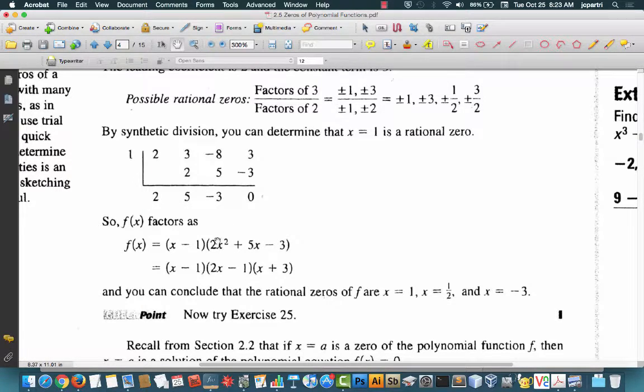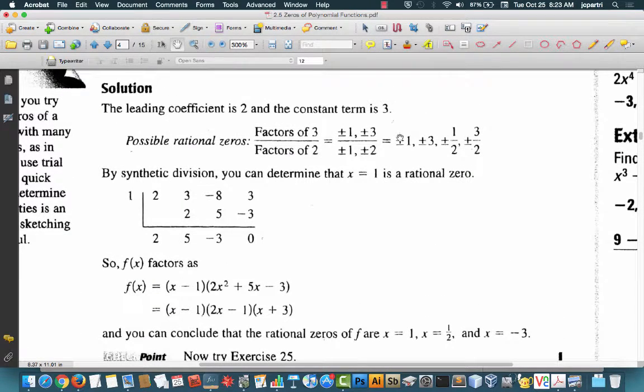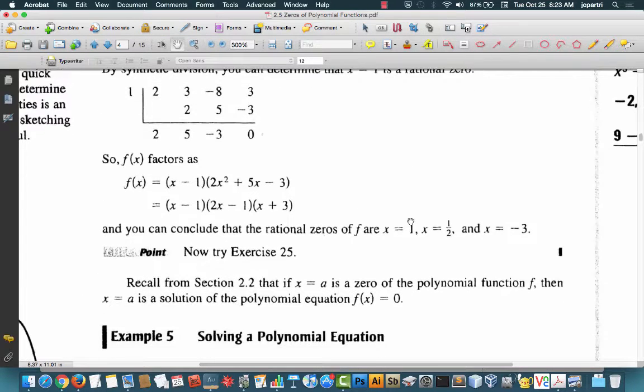Well, I can stop the process now because we can factor a quadratic. You could keep going with the synthetic process, but there's no need once you get to the quadratic level, the second degree level. You can factor that. And so this factors into 2x minus 1 times x plus 3. And so the zeros of the function are 1, 1/2, and -3, which, by the way, all were in that list. So those are the zeros of the function.